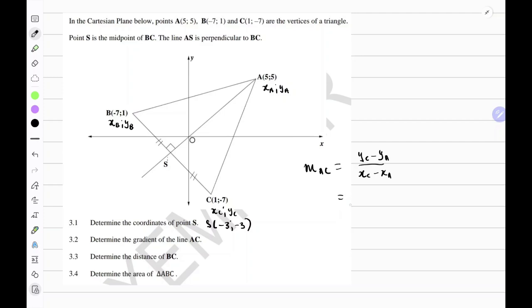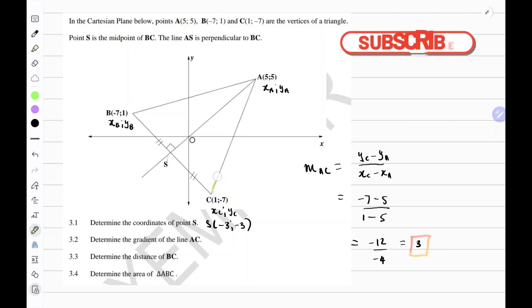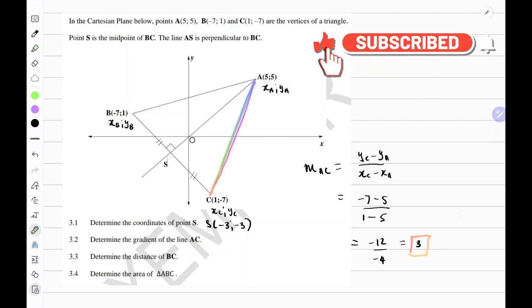Substituting, it is minus 7 minus 5 over 1 minus 5. Minus 7 minus 5 is minus 12, and 1 minus 5 is negative 4. So this is equal to positive 3. So 3 is a positive gradient, and we can see the line has a positive slope. So this is the correct answer.